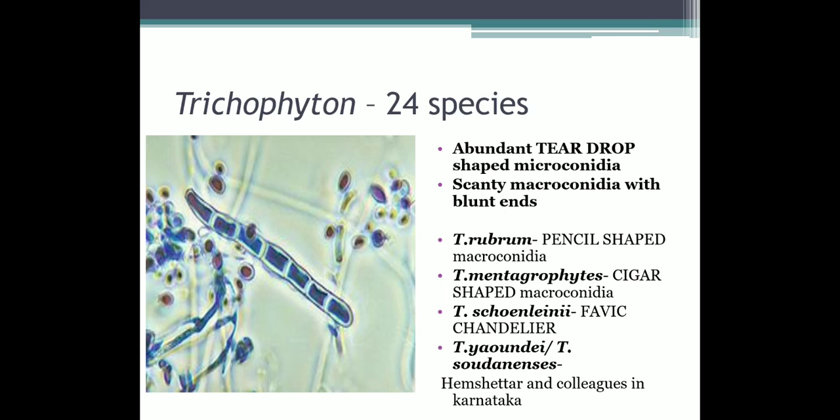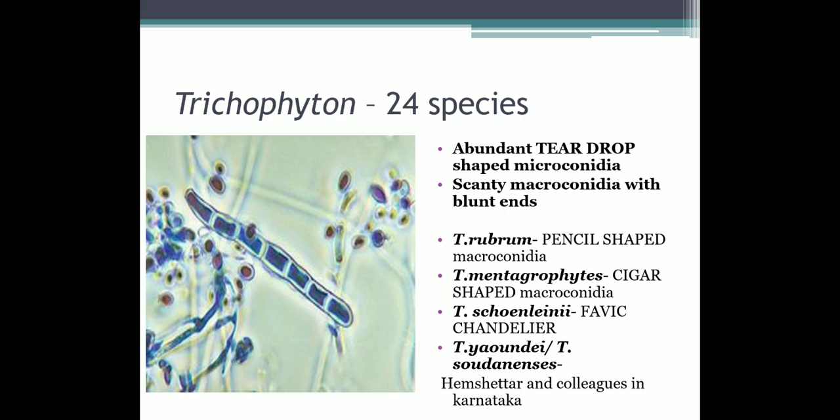Depending on the size, you have macroconidia or big conidia, or microconidia or small conidia. The proportion of macro and microconidia enables the genera differentiation, I should say. And the shape of the macroconidia further will enable the differentiation between the different species.